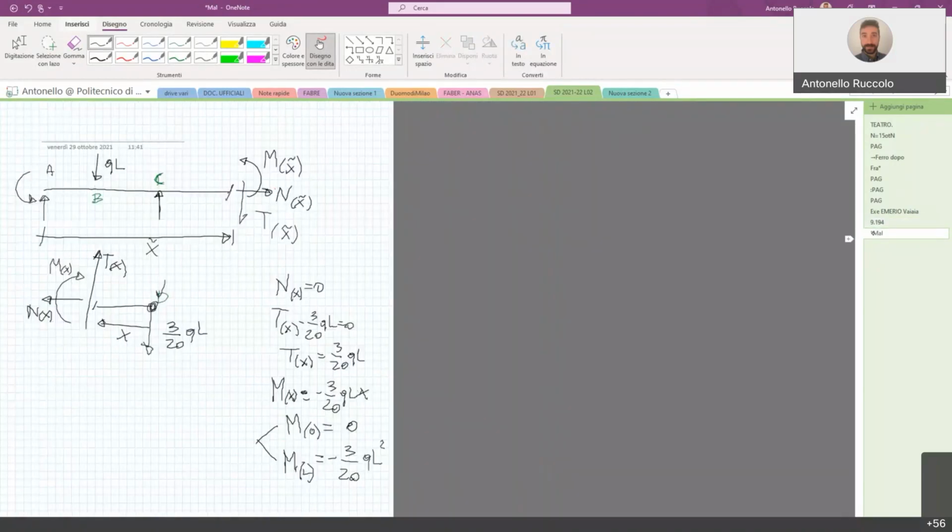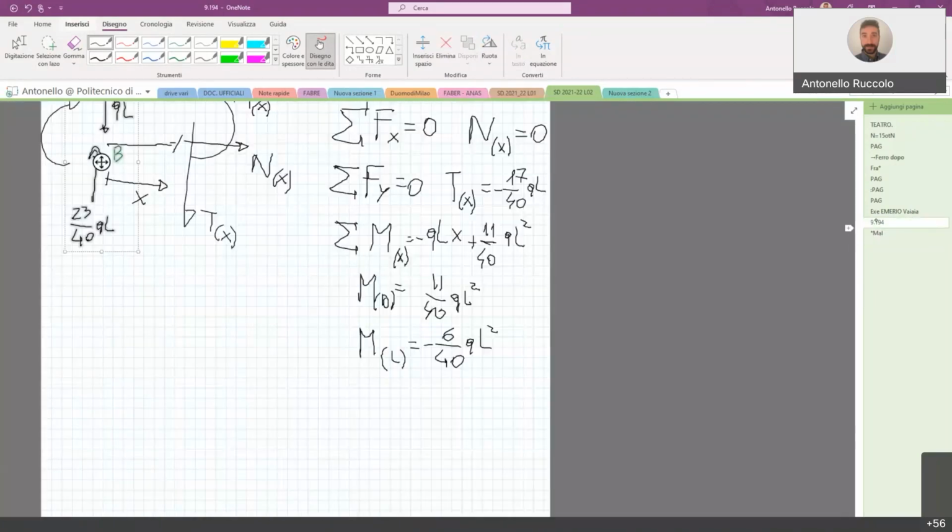Okay, 6/40 is obviously 3/20. So it is the same value that we found in the node C, analyzing the other part of the structure. So that's what we expect.